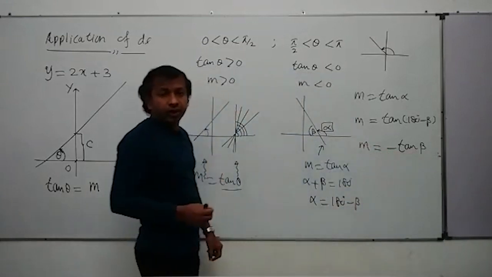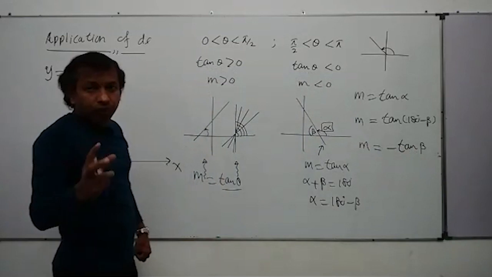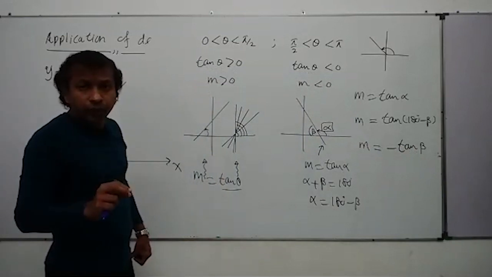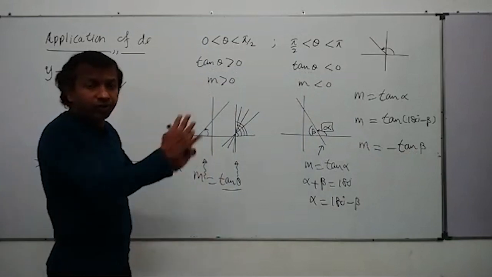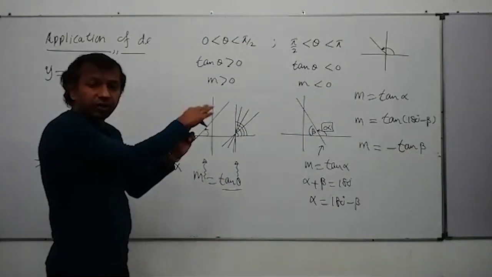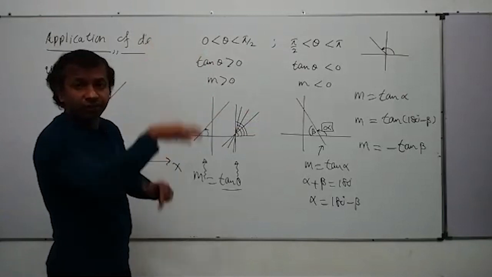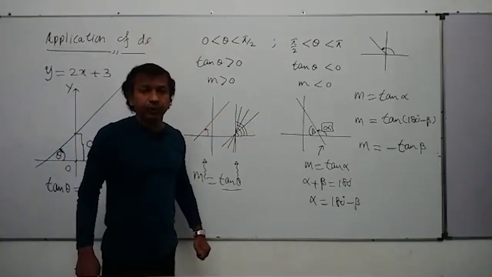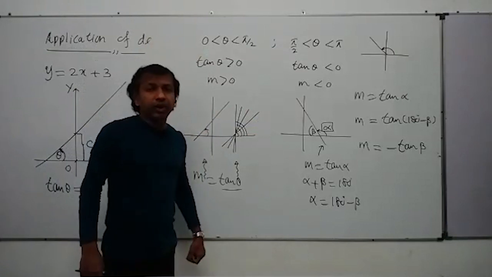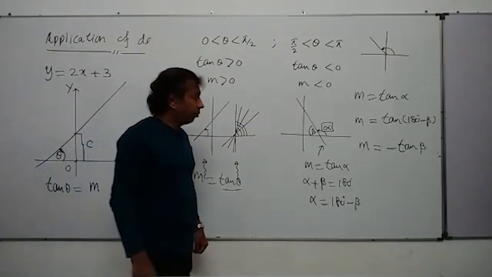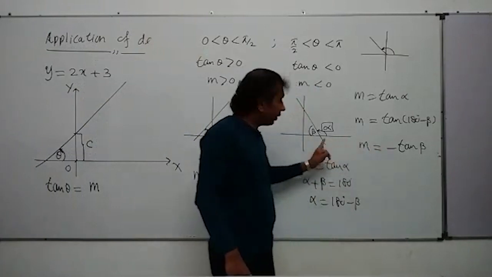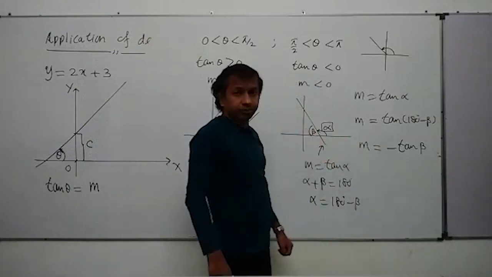So therefore, we can get a single rule there. If you know the gradient of the line is negative, that's an obvious fact, no? If that angle is more than 90 with the positive x-axis in anticlockwise, it makes more than 90, the gradient is negative, people. Okay. Then if you know the gradient is negative, putting a minus sign for the gradient, you can take the tan of this left hand side angle.